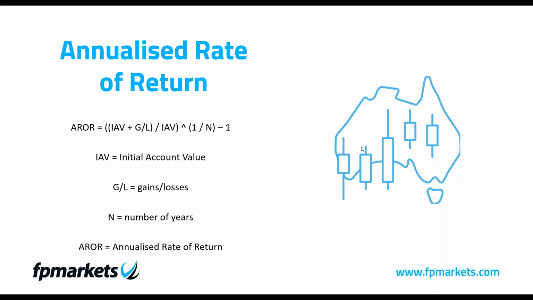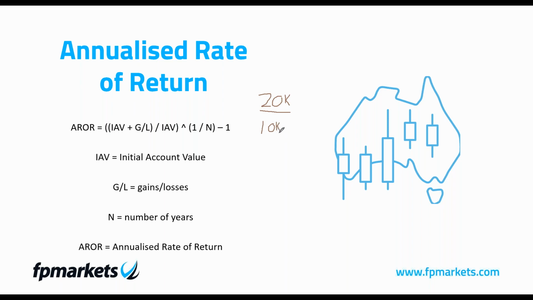So as a quick example, imagine we have, say, an account that's been trading for 4 years, and we want to know the annualized rate of return of the system being used. So let me just click on the pen. For this example, the initial starting value, let's say it was 20K. Okay, we have a $20,000 account, and say over those 4 years we gained a respectable 10K.